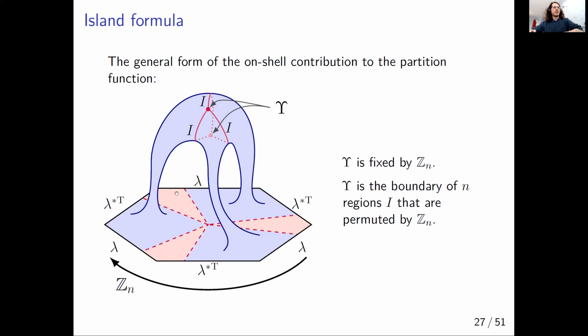And then replica symmetry fixes a certain codimension 2 surface, which I've labeled upsilon. And this is the boundary of n codimension 1 regions I. And these different I's are all cyclically permuted by the replica symmetry.